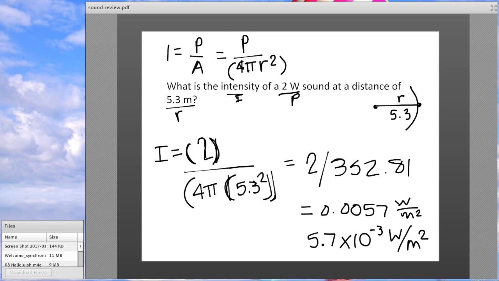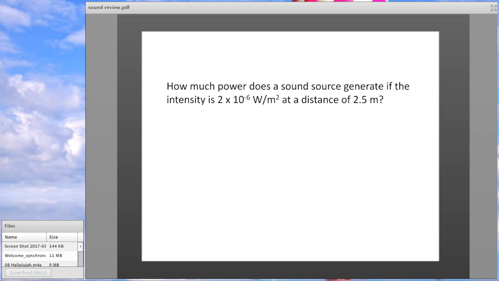Let's try this next one. So now, this one's going to ask for power. So we have I equals P divided by A, which is also P over 4 pi r squared.